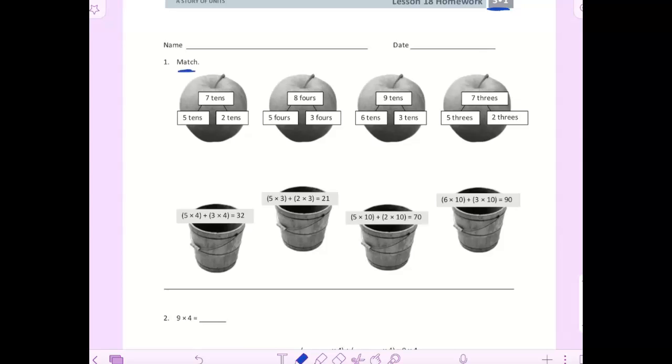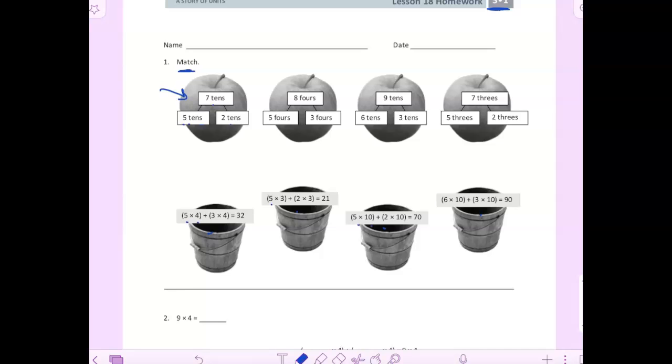So we're going to look at this first apple, and it's telling us we have 7 tens in all. They broke that down into 5 tens and 2 tens. So let's look down here at our buckets to see where do we have 5 tens. Well, here I have 5 fours, 5 threes, 5 tens.